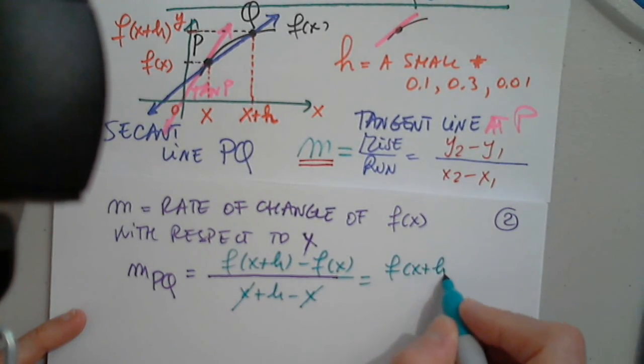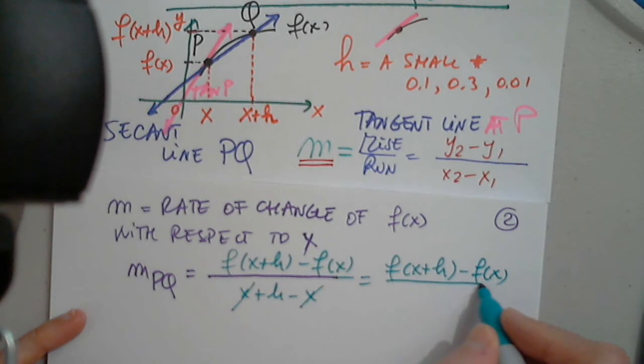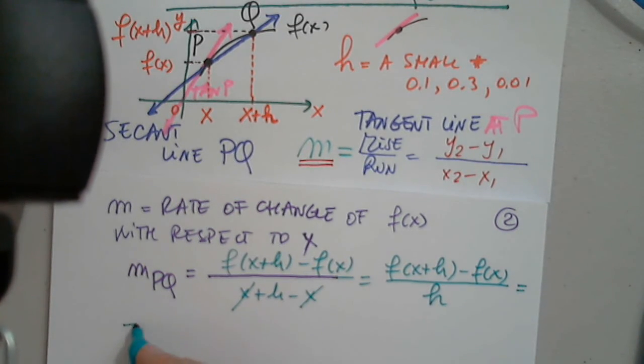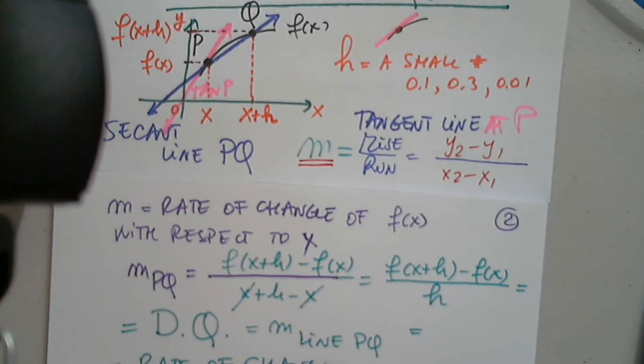So this is f of x plus h minus f of x divided by h. And this is what we call the difference quotient, which is the slope of the line PQ, which is the rate of change of f of x between, there is a W in here, and E-E-N, between P and Q.